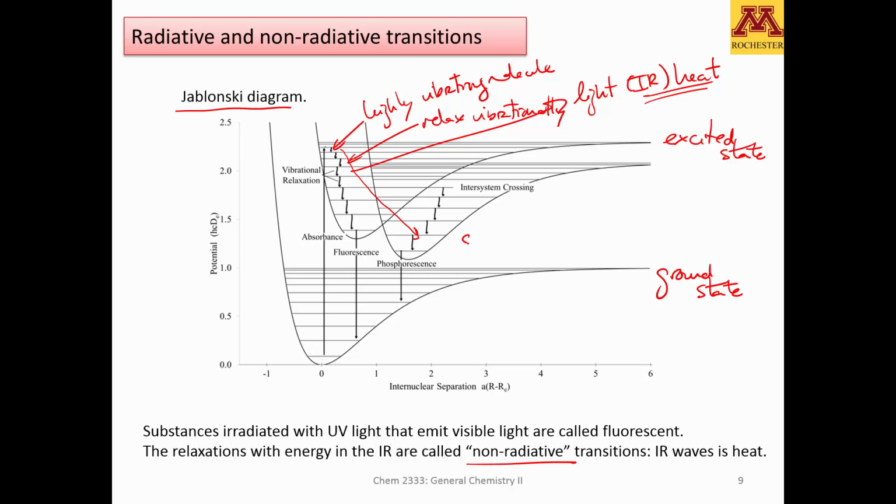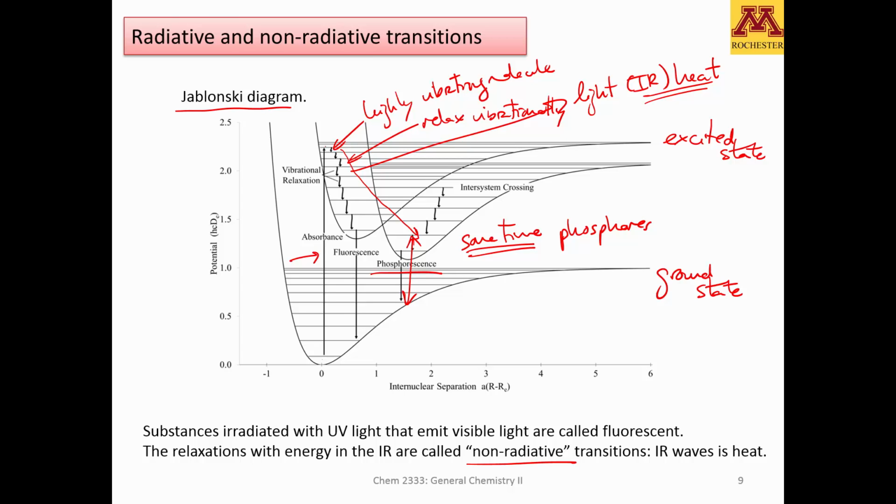It actually takes some time for these molecules to come down here, and because it takes some time, even after the initial radiation, some molecules will still be in the excited state and slowly but surely will emit light. This is called phosphorescence.